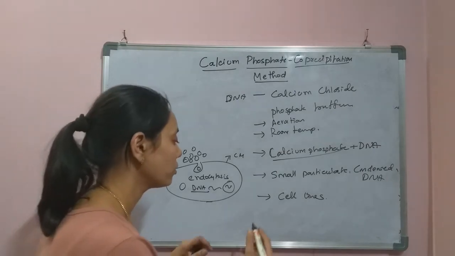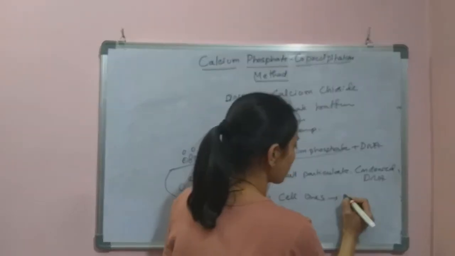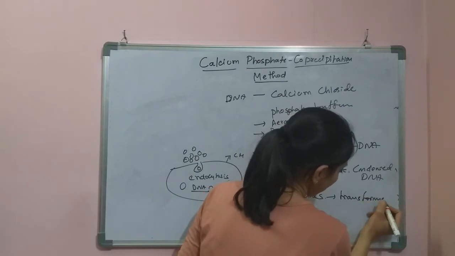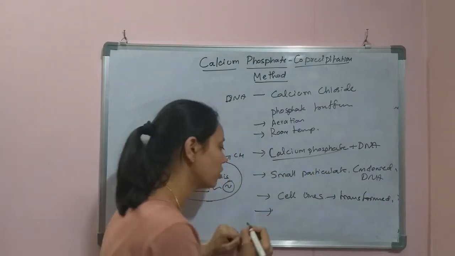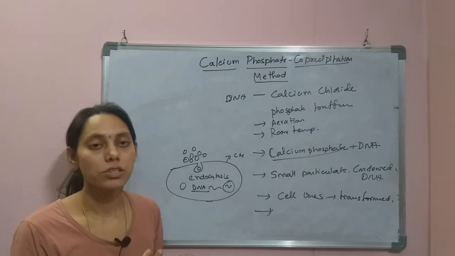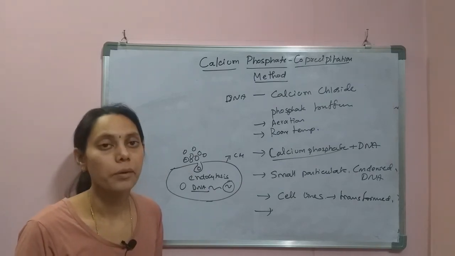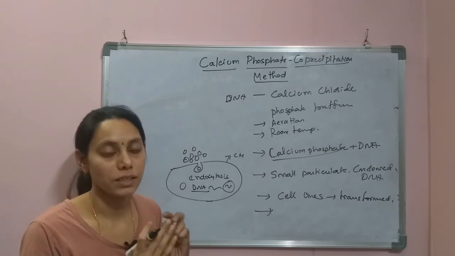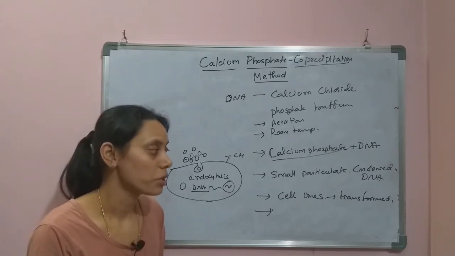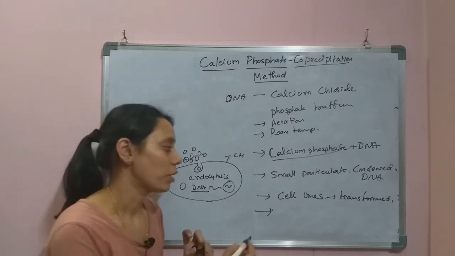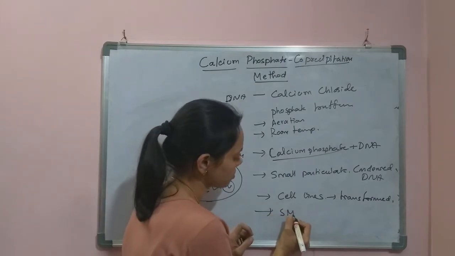So here the cell lines are now transformed, but here there are tissue cultured cells which have undergone the transformation, but all cells present in the culture vessel are not transformed. We need to select those cells which are only transformed by the use of selectable markers.